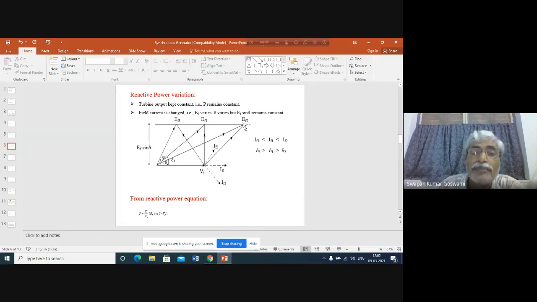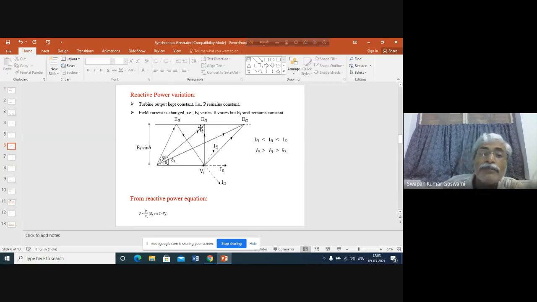EF sine delta is constant always, but what happens to EF cosine delta? If you take the horizontal projection here, it is greater than VT. If EF cosine delta is greater than VT, what happens to Q? Q will be positive. If you decrease the field current, sometimes it may so happen that EF cosine delta is zero.